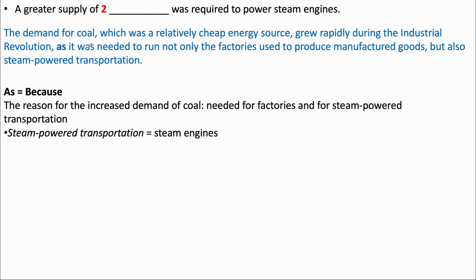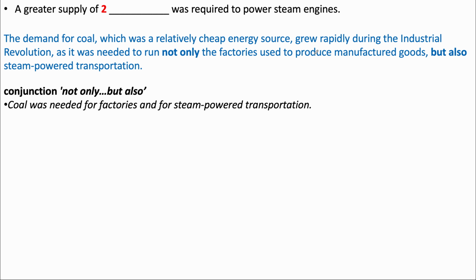Next, the sentence has the word as, which here means because. The reason for the increased demand is explained after this. Coal was needed for factories and for steam powered transportation. Steam powered transportation means steam engines.